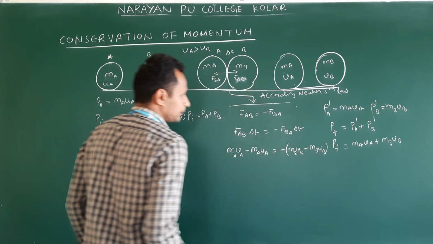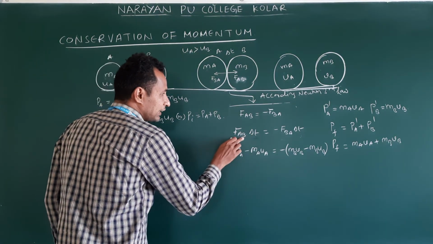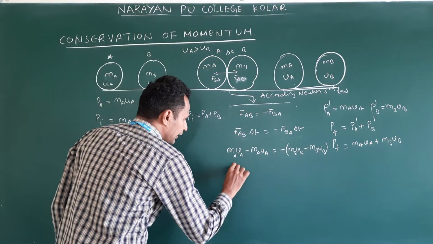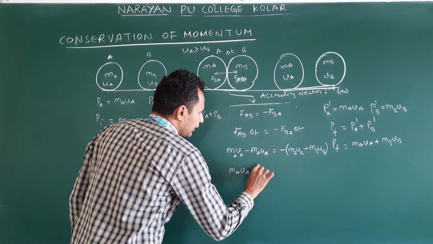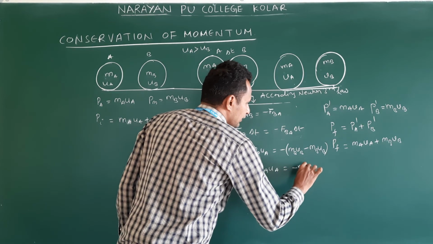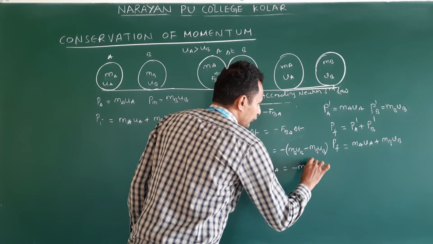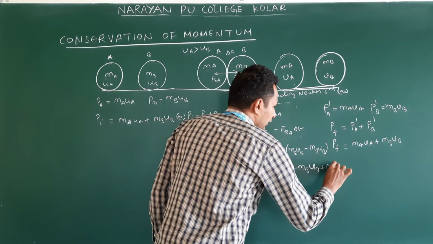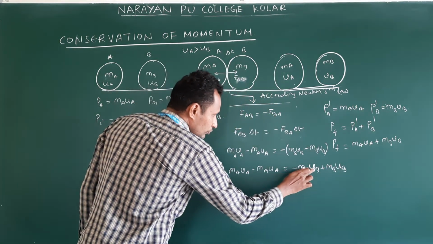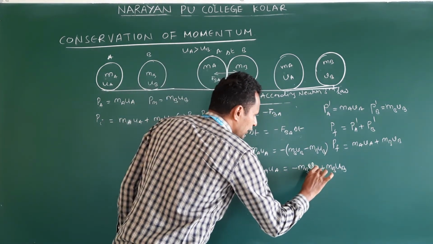Am I correct? Impulse in A, impulse in B. Okay? Then I can write MAVA minus MAUA equals minus of MBVB minus MBUB, which gives MAVA minus MAUA equals minus MBVB plus MBUB.